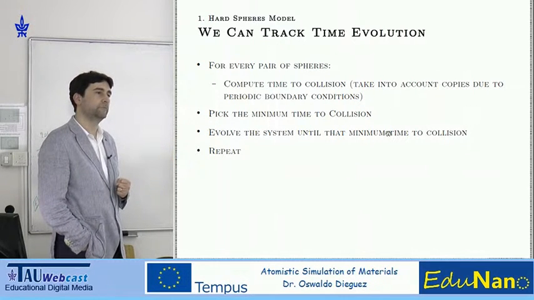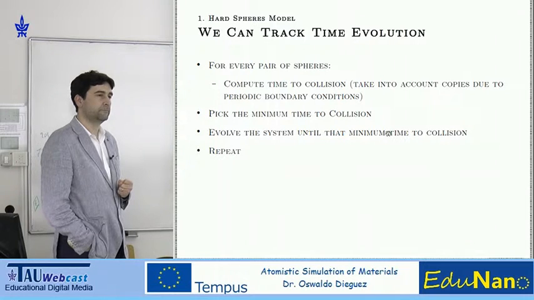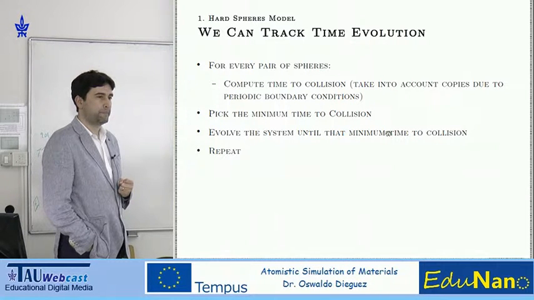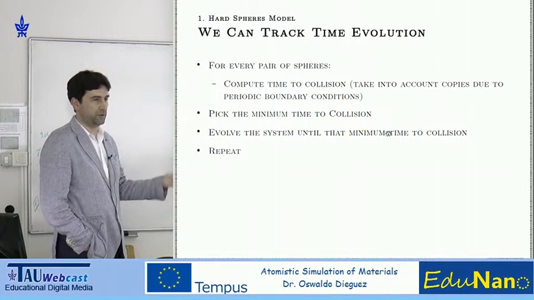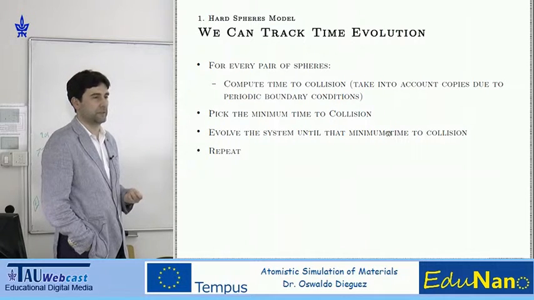Is there something clever you can do so that after a collision you don't have to calculate everything, maybe just calculate something local? Yes, there are. If this was a real code, you would do a lot of tricks like this.